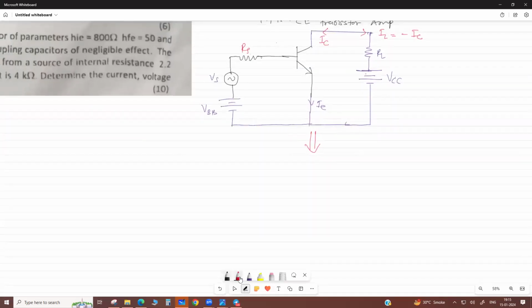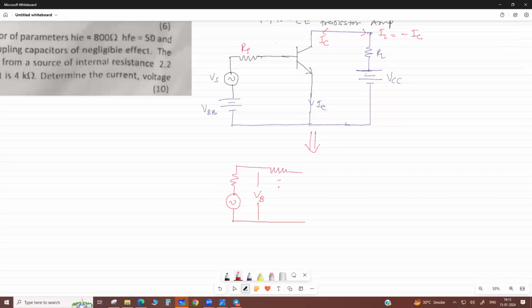A two-port network in hybrid form. Here this is your series resistance, then this is the input signal. Then we have the input resistance, the hybrid input parameter, and this is your base voltage signal.